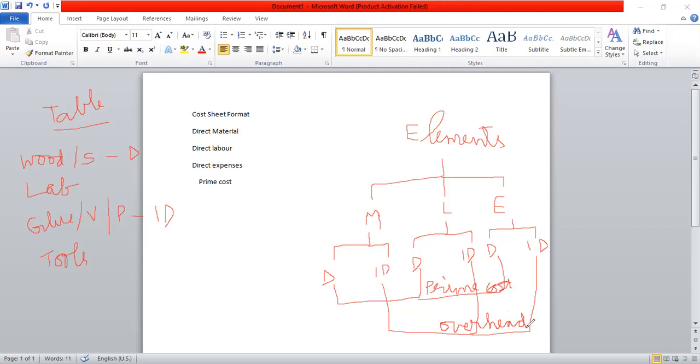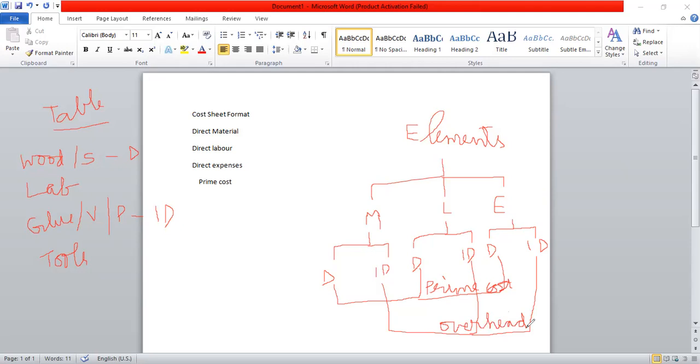Cost object could be anything, any entity with which we can charge some cost. It could be per unit of a product, it could be a department, a division, a function of business like production, administration, selling, distribution. So it could be anything with which there is a possibility of charging cost. We call that a cost object.